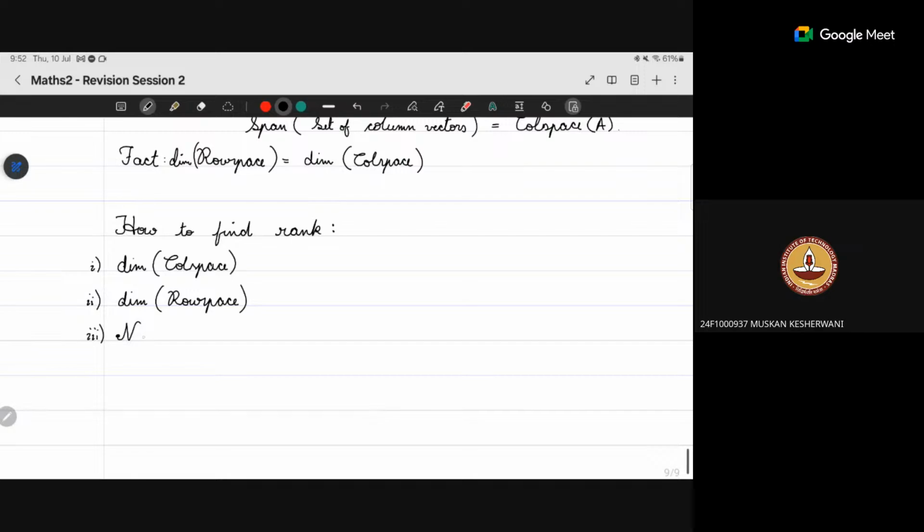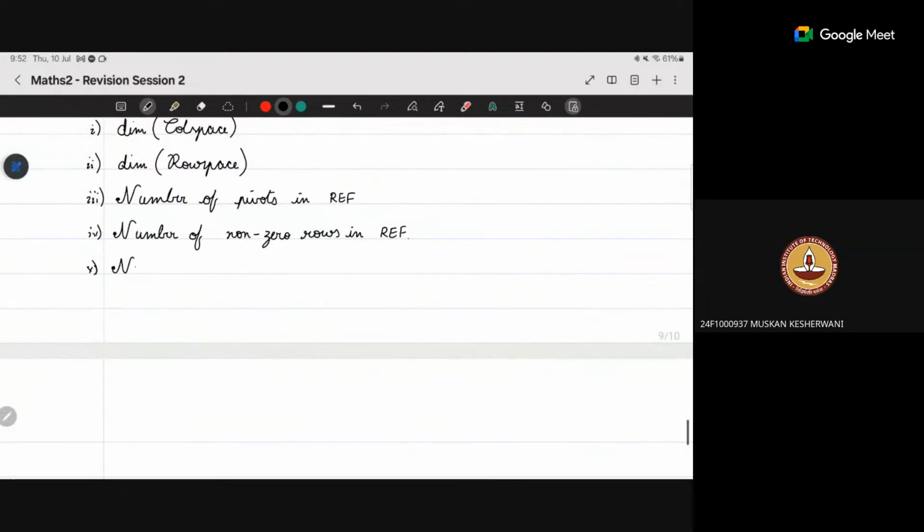This is the same thing said in different ways: the number of pivots in REF, which is the same as the number of non-zero rows in REF, which is the same as the number of dependent variables for AX equal to 0.